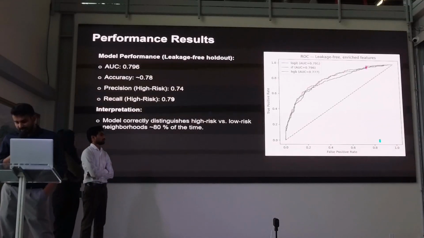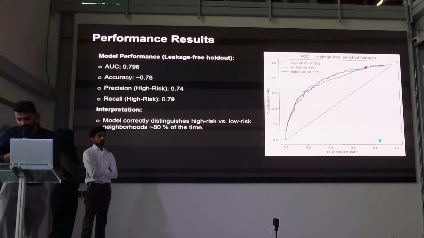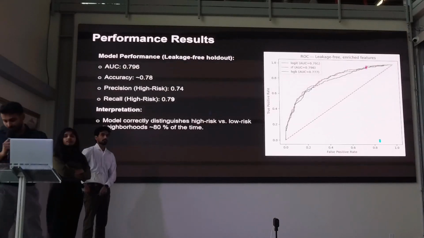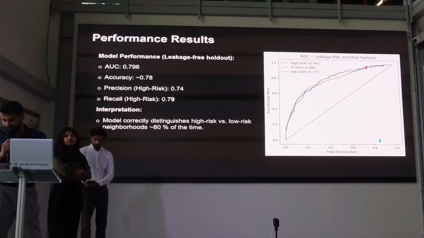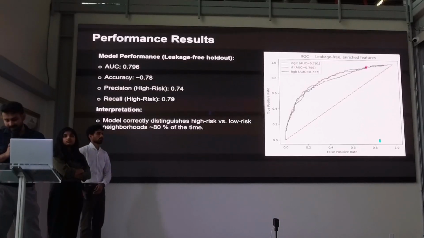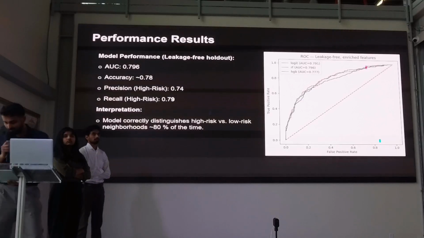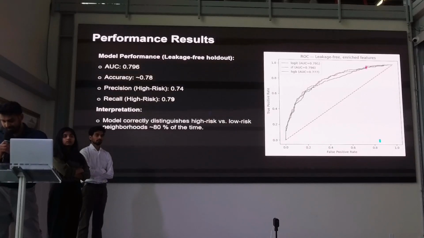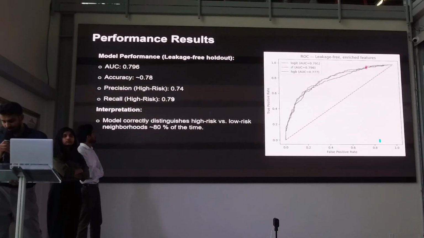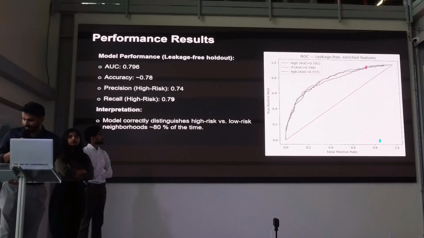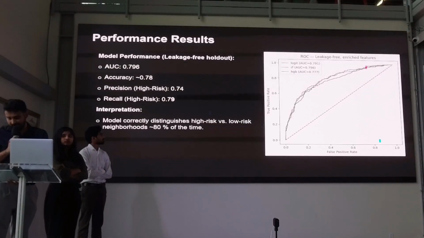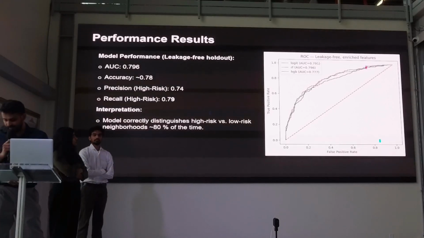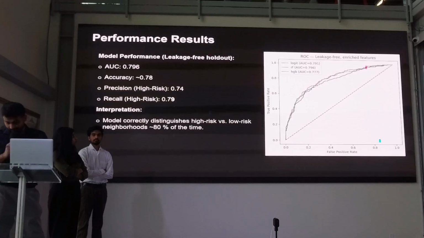The three models we used were logistic regression, random forest, and gradient boost. Random forest had the best accuracy. Our predictive AI model achieved strong performance on real-world data. Using a leakage-free holdout test, the model reached an AUC of 0.796 with 78% accuracy and balanced precision and recall for high-risk areas, both around 0.7.